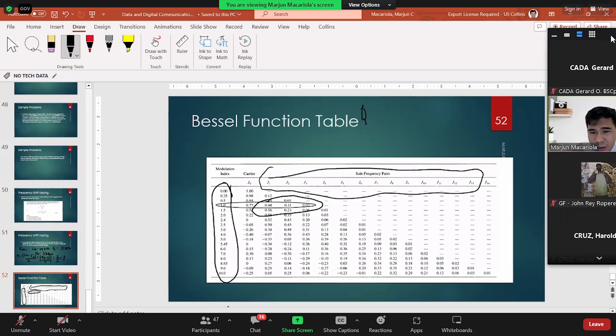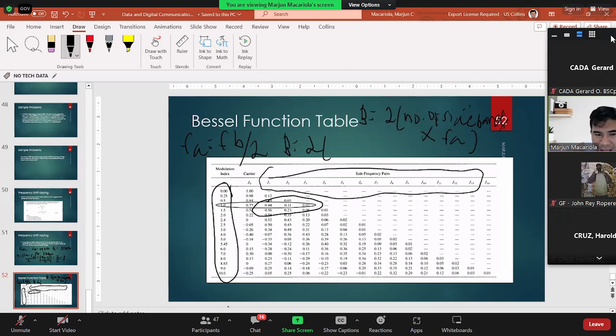So bandwidth when using Bessel function table is equal to 2 multiplied by the number of sidebands times FA. Okay? So FA is the highest modulating frequency. So FA can be solved as FB over 2. Okay? So meron tayong bandwidth na 2.